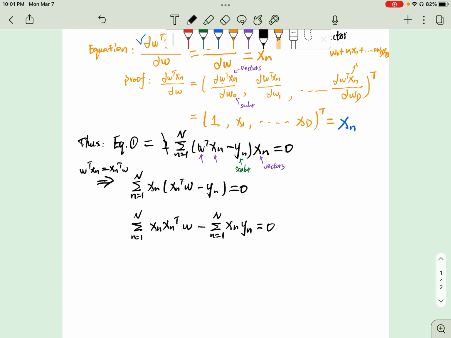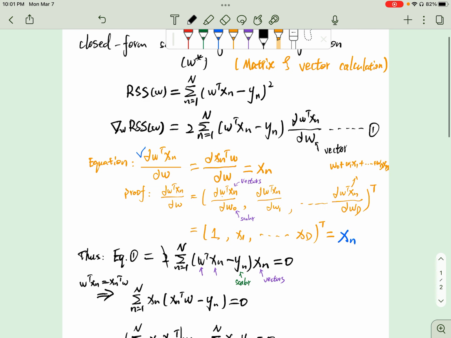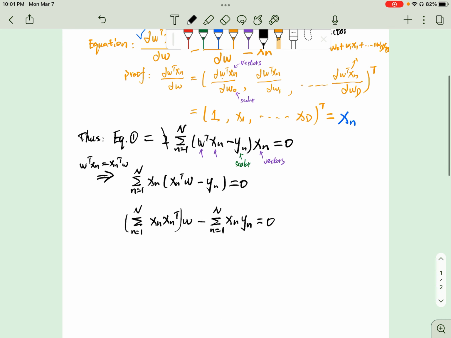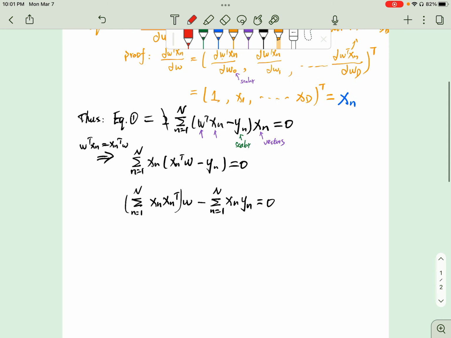Okay, so because this omega is not connected with n, so I can put a bracket here. So you can see our optimization changed from this gradient to finally this equation. Okay, so now I will name it just as equation 2 here.